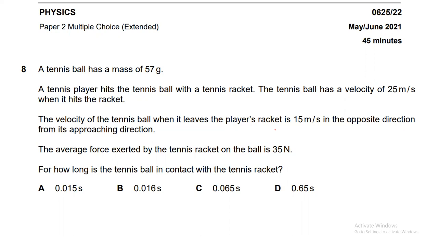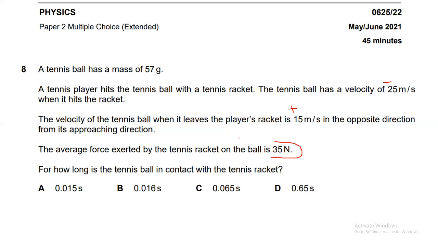Okay, so when the ball is coming towards the racket, suppose it is negative, and when it is going away from the racket, then it is positive. And the resultant force is 35 Newton. So what we will do? You know, F is equal to the change in momentum divided by T. Now T is the question.